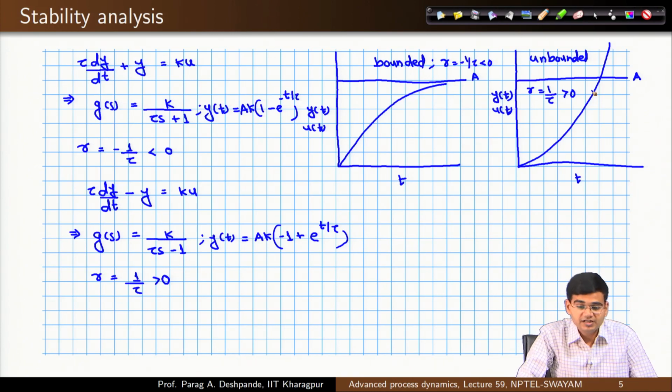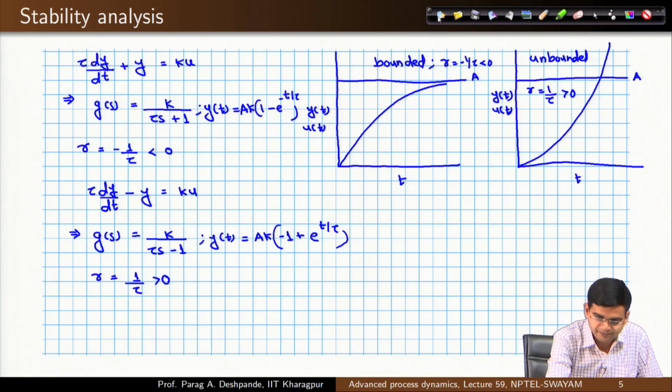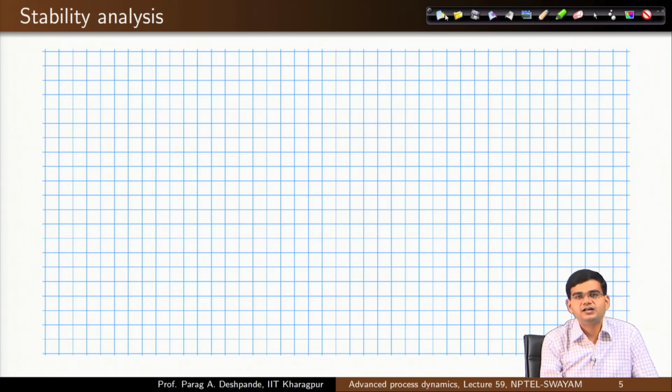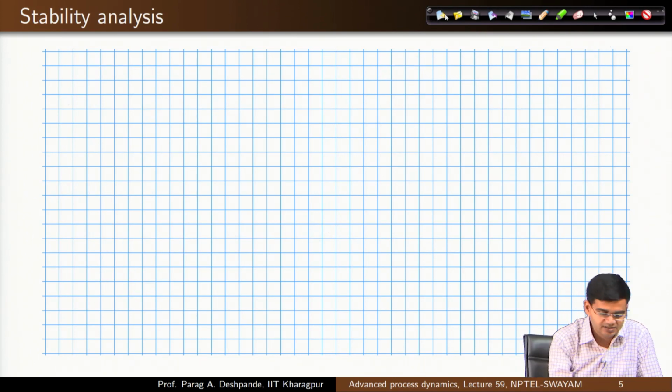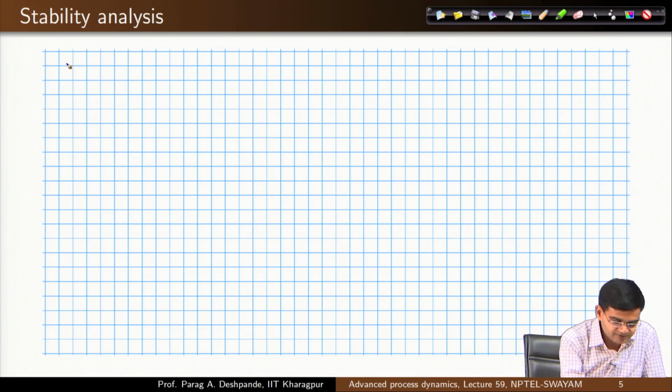Now, can we extend this to discrete systems? Let us look and write down the general discrete time pulse transfer function.